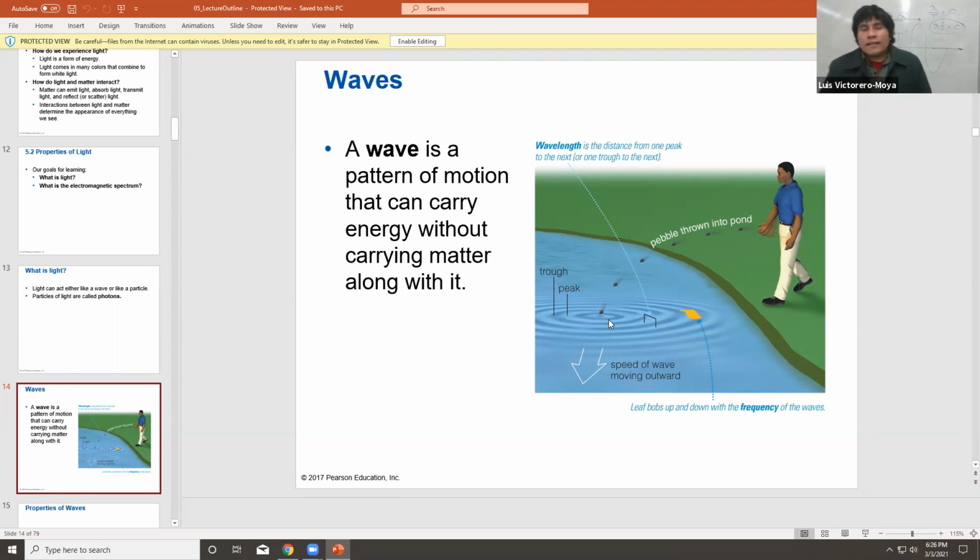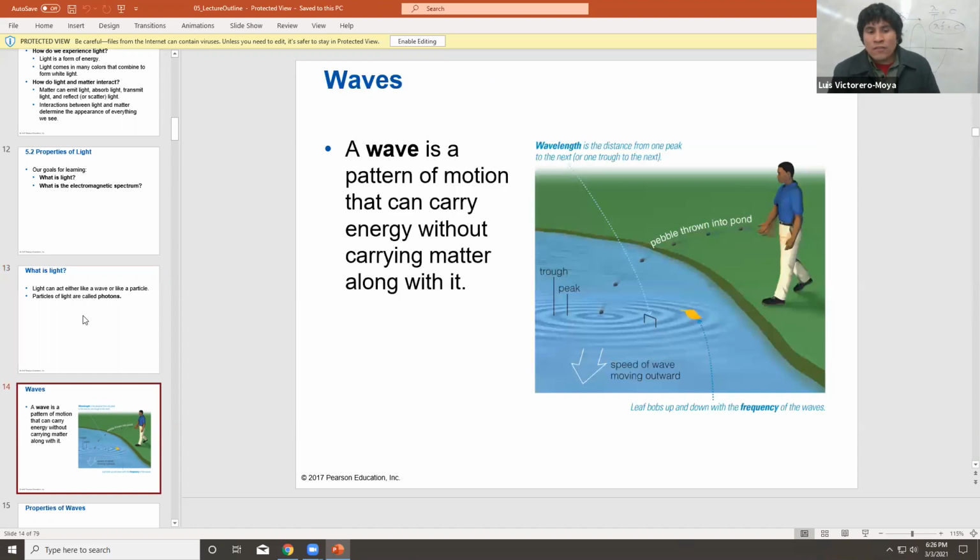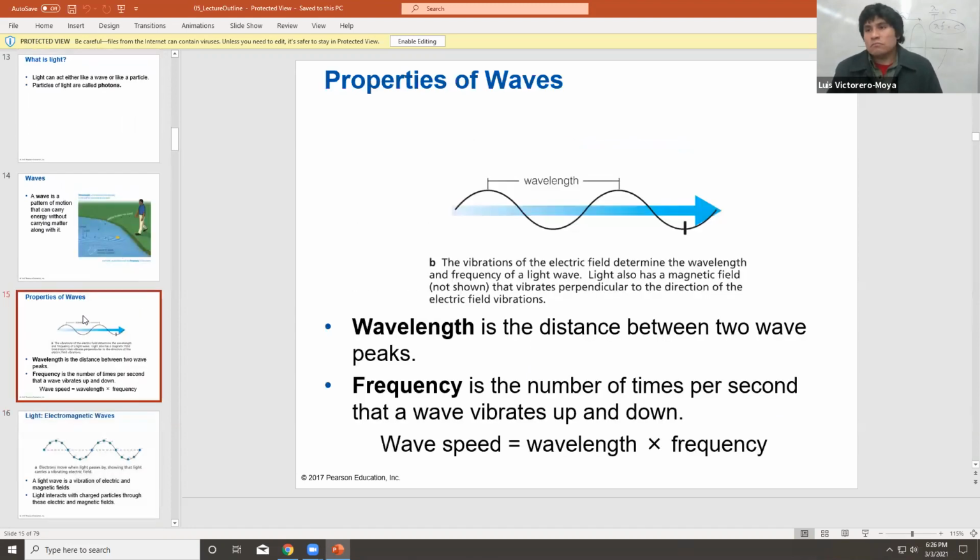However, later on we realized, thanks to Albert Einstein, that light is also made of very small bundles of light that we call photons. So light is also made of a stream of particles called photons. So we realize that light has a dual behavior as a wave and as a particle. Depending on the experiment, light behaves accordingly.